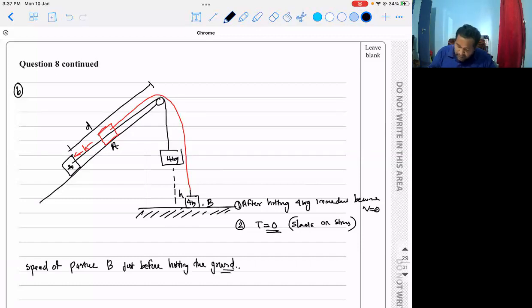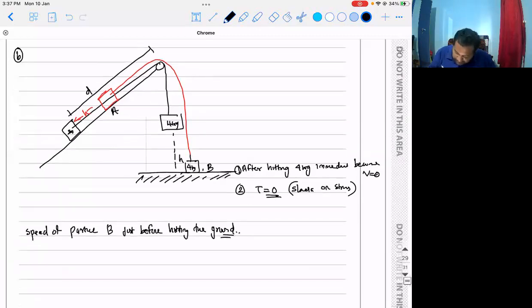How will we find it? For particle B, the distance traveled is h meter. The acceleration we got as 3.92 meter per second square. And the initial velocity, because it's starting from rest, was 0.